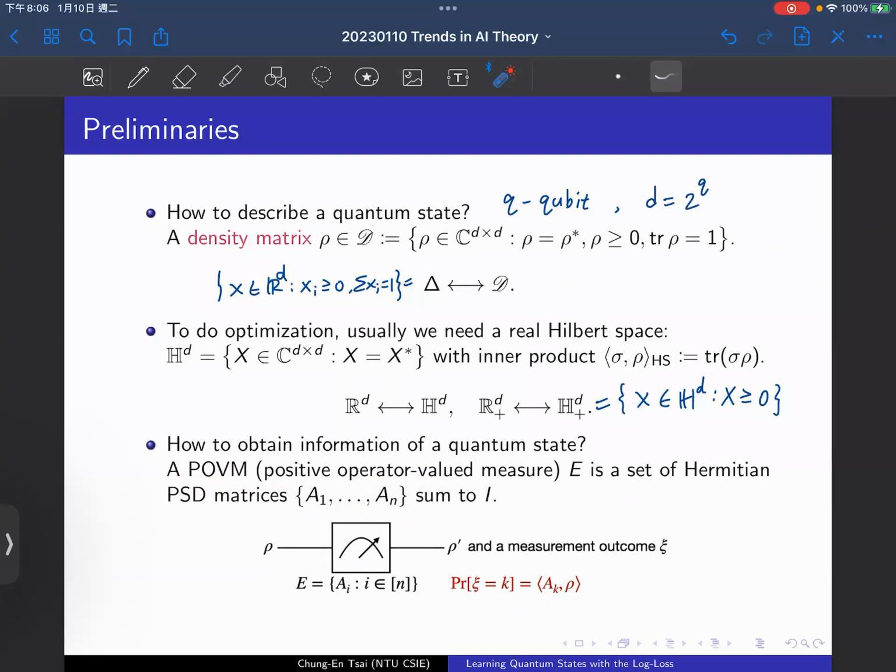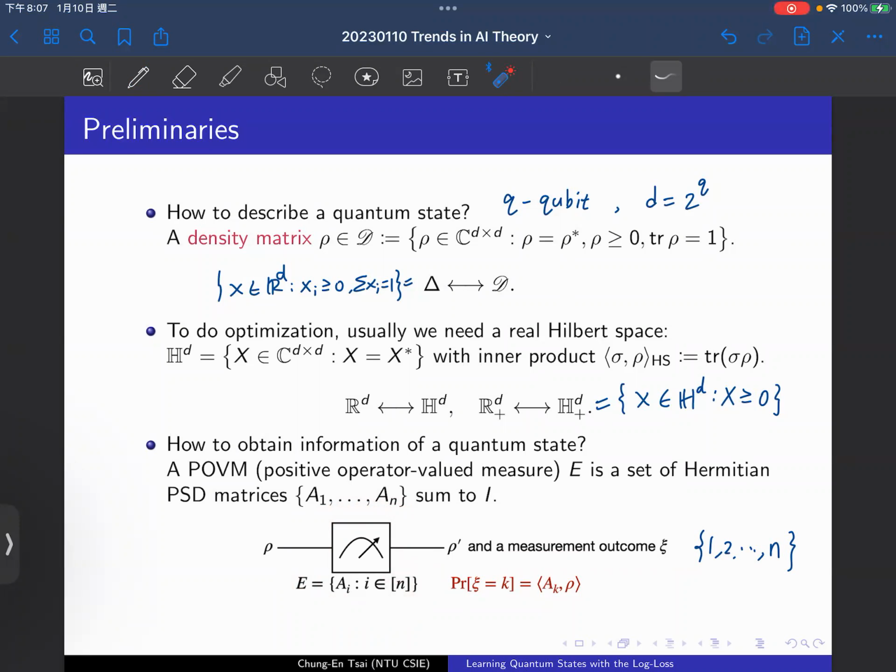If we measure a quantum state rho by a POVM, then we'll obtain a measurement outcome, C, which is a random variable taking values in 1 to n. This n corresponds to how many matrices are in the POVM.